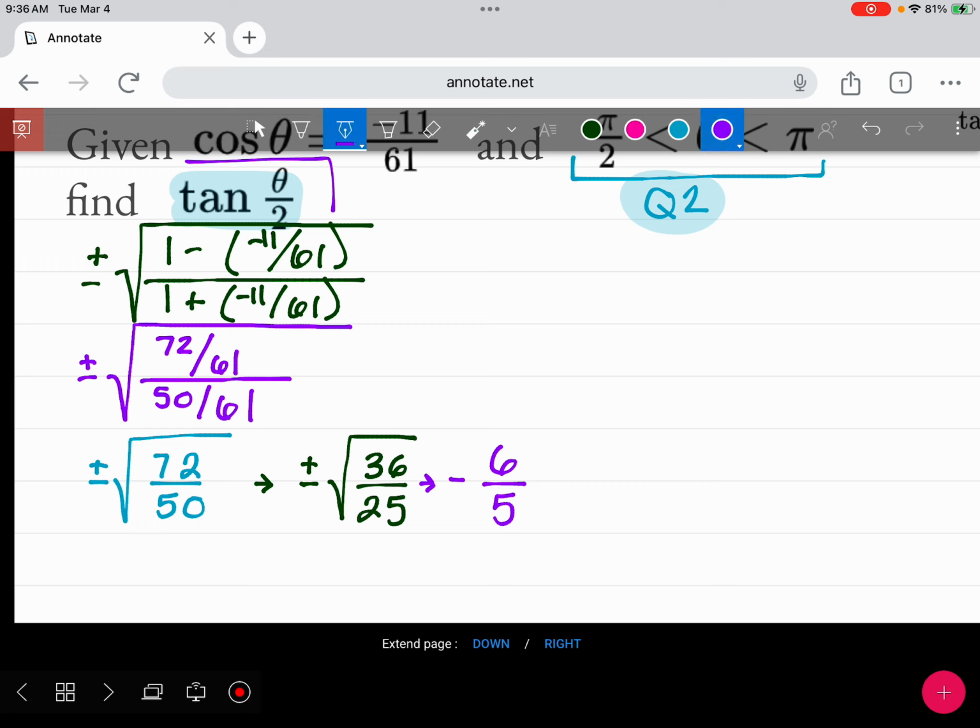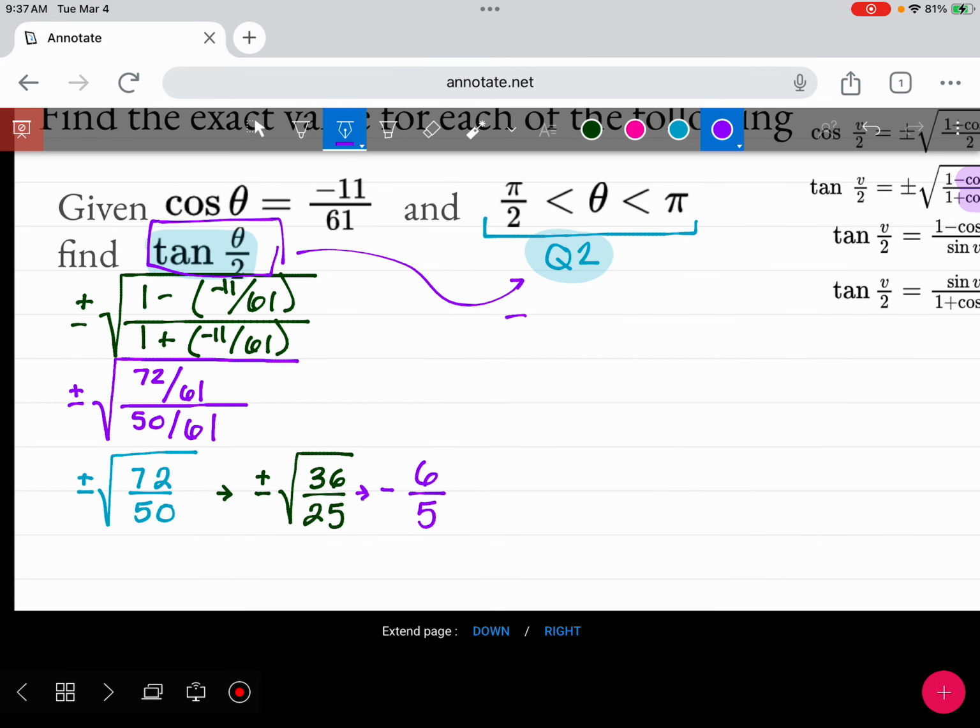Tangent in quadrant 2 is negative because in quadrant 2 we have cosines that are negative and sines that are positive. Positive over a negative is going to give us a negative. So that's kind of the vibe for the rest of this. We're done.